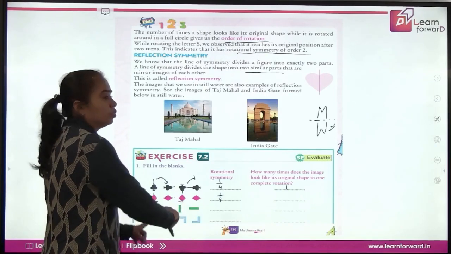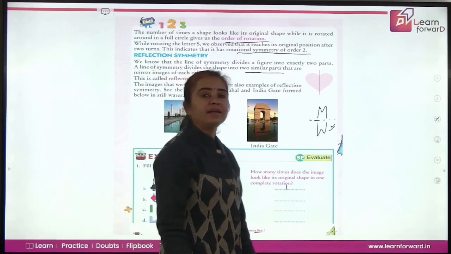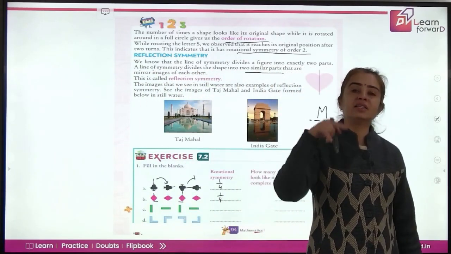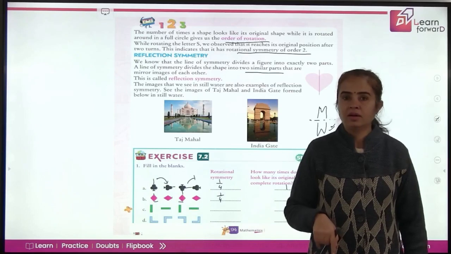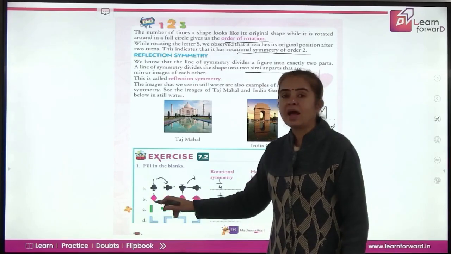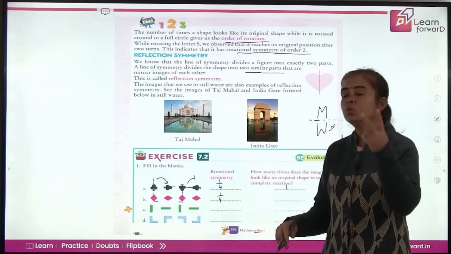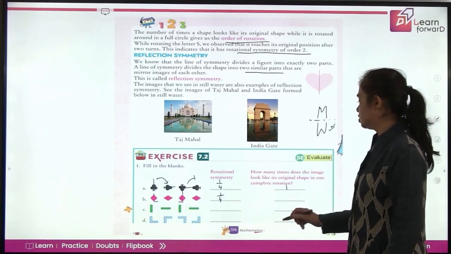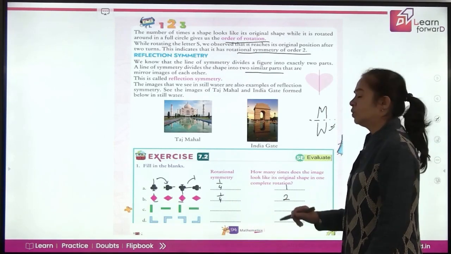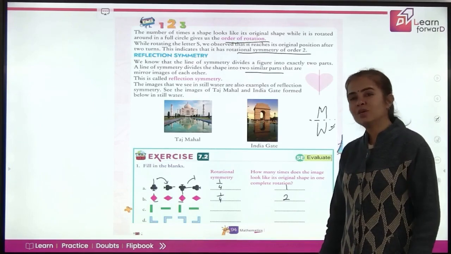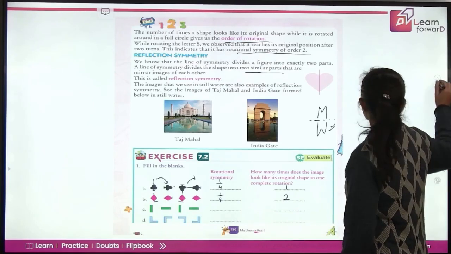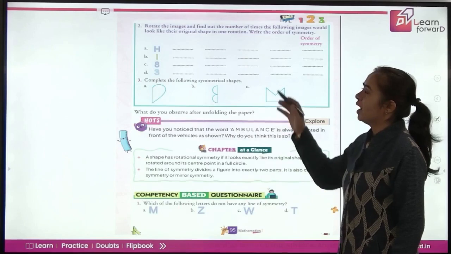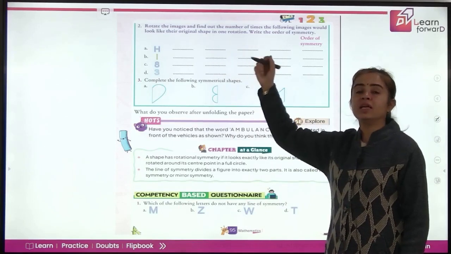But still these two pictures are looking identical, same as if the original one is put here, right? So this will happen 2 times. So here also the turn is 1/4, the rotation symmetry, but it will be 2 times in its original position. So you can do the rest of the parts yourselves.